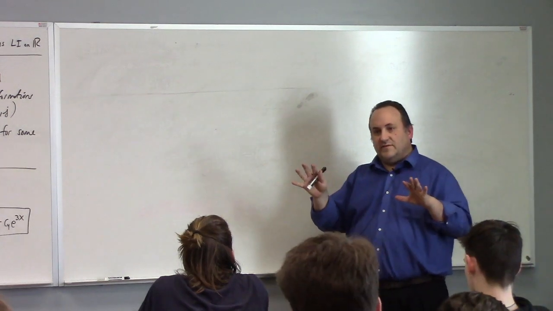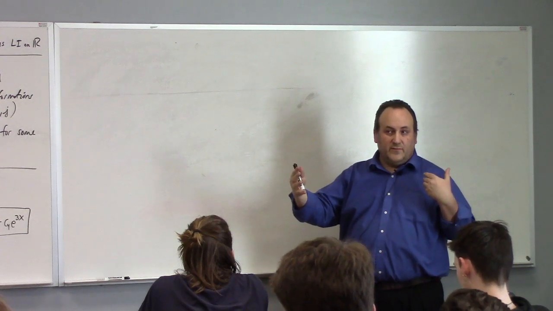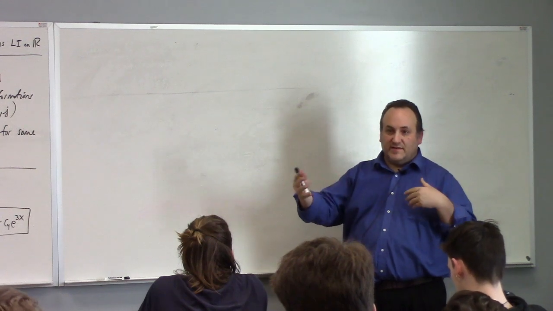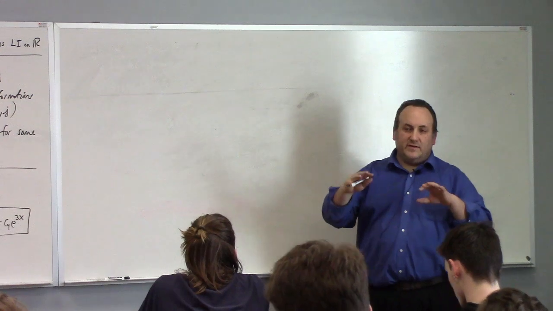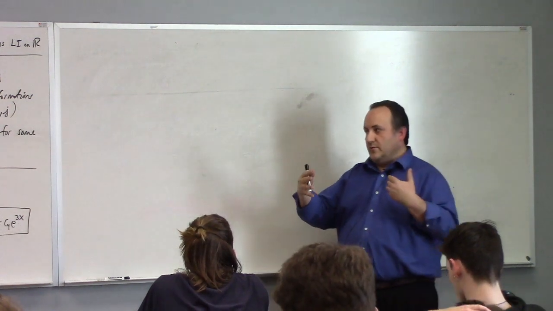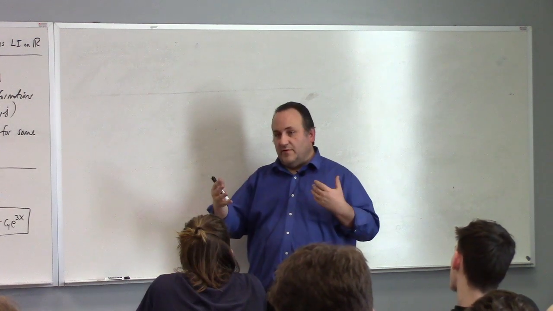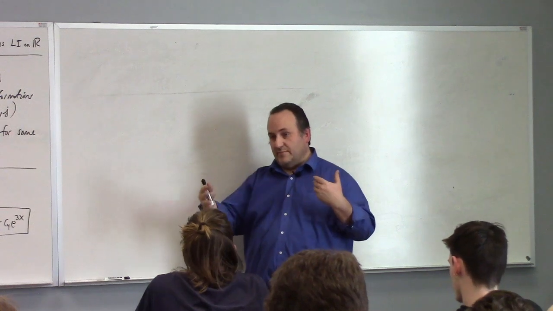Yet, nevertheless, there is the fundamental theorem of algebra, which says that if you've got a polynomial equation of order n, there are always n complex zeros, possibly repeated.